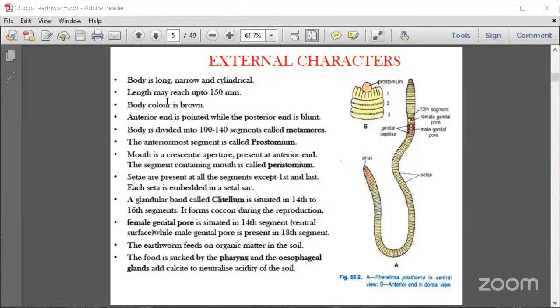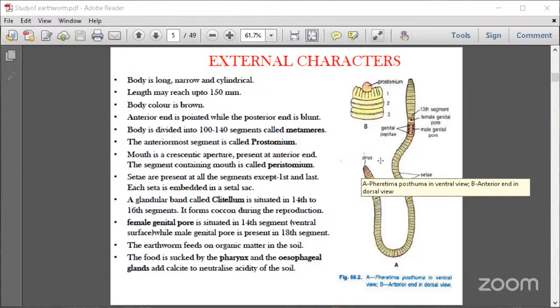Length may reach up to 150 millimeters, and the body color is brown. The anterior end is pointed, while the posterior end is blunt. The body is divided into 100 to 140 segments called metameres. The anteriormost segment is the prostomium.